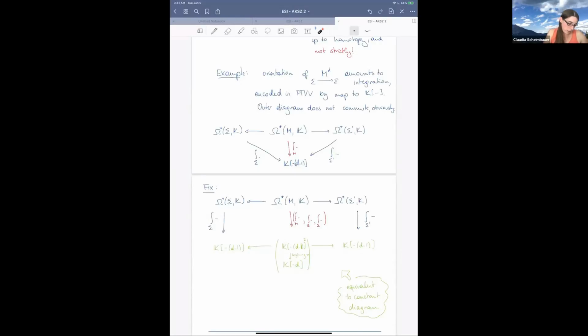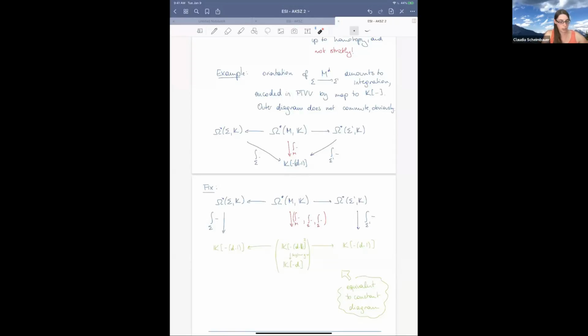Whereas before, if you go over here and restrict and go over there and restrict, these are obviously not equal, but they will be equivalent because their difference is governed by a form of higher dimension, or by the integration over M instead. So this is the type of thing that you have to do in this situation. You have to replace this constant diagram by something a little bit bigger. It's quasi-isomorphic to just putting K in degree D minus 1, but you have to deal with these things. That's the type of situation that appears.